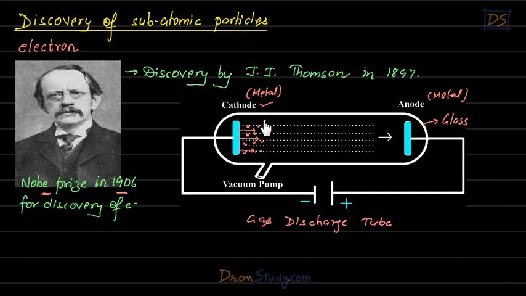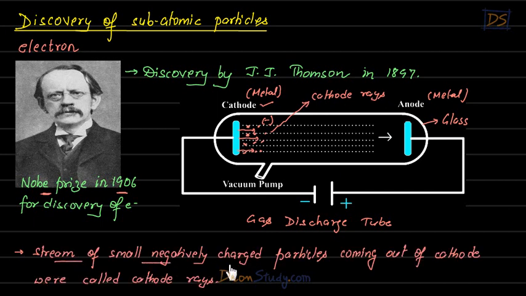And also these small particles were negatively charged. You understand? J.J. Thomson did a lot of experiments with this gas discharge tube, and in certain situations he noticed that small negatively charged particles were coming out from the cathode. This stream of particles was called cathode rays. Cathode rays. So we can write this down, students.